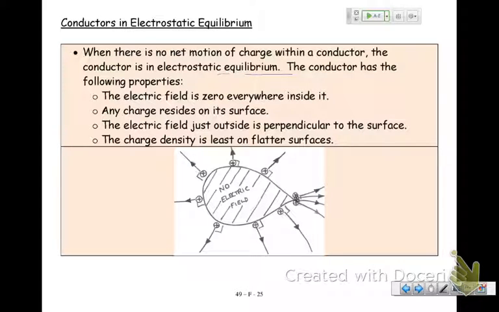Any charge resides on its surface. Electric field just outside is perpendicular to the surface, so we always have these 90-degree bits. And the charge density is least on the flattened surface. So your charge tends to spread out on the rounded bits, and it tends to concentrate on the pointed bits.